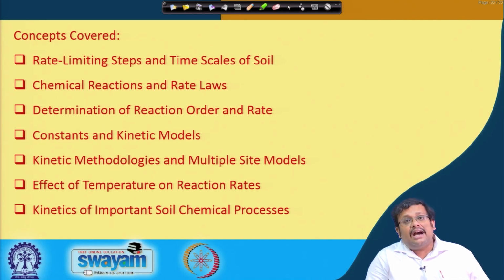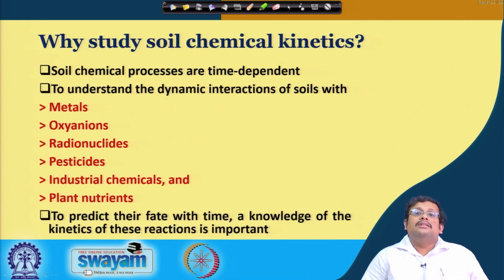So, let us start with the question that why it is important to study the soil chemical kinetics. Now, soil chemical processes are very much time dependent. Different processes take different amount of time to occur.